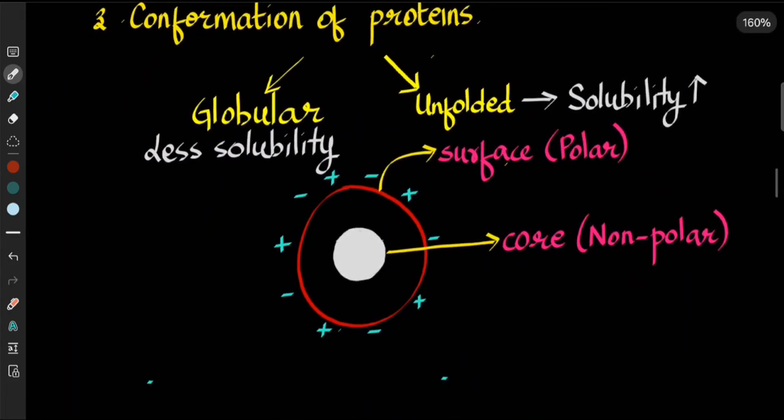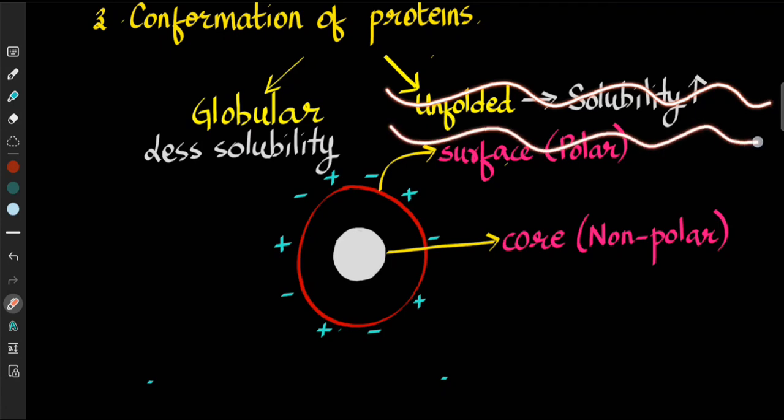Because when a protein is folded in a globular structure, most of the hydrophobic part gets inside the core part, and then most of the hydrophilic parts go outside. But in unfolded proteins, the hydrophobic and the hydrophilic part are both exposed.